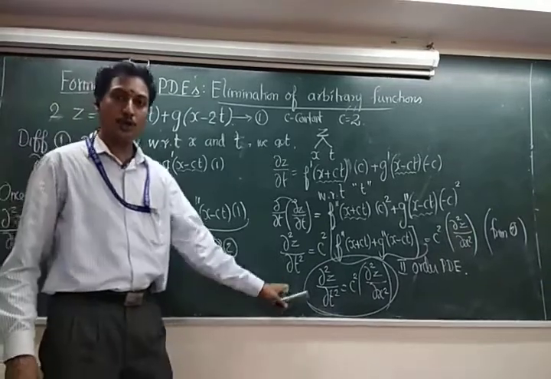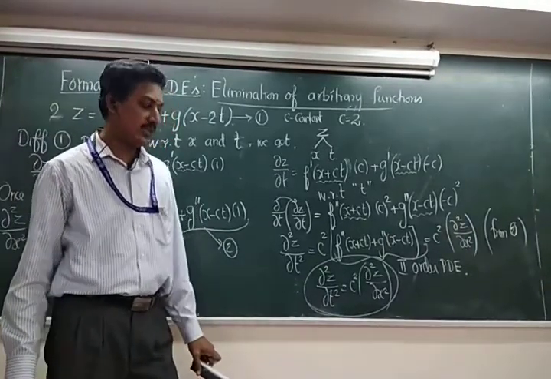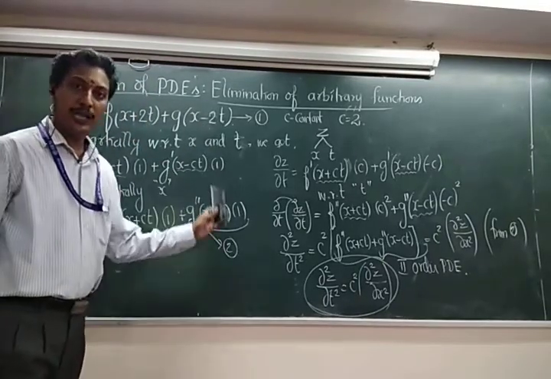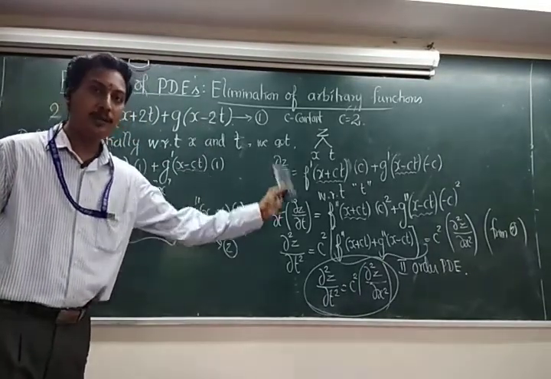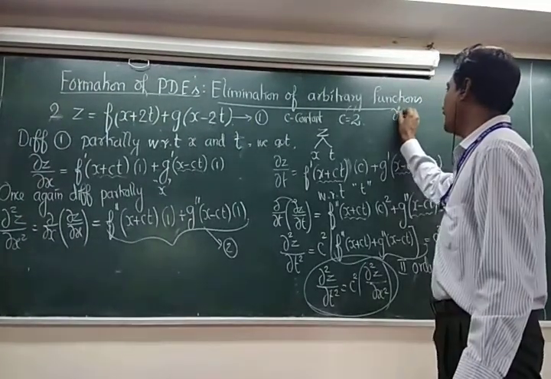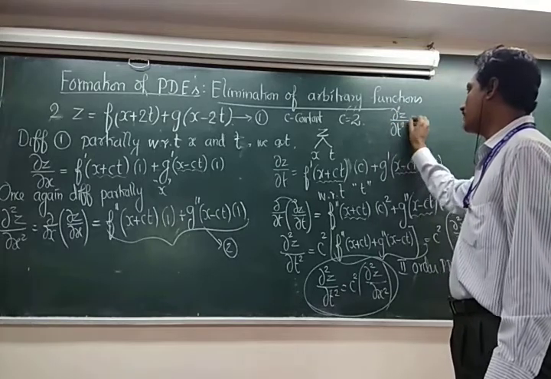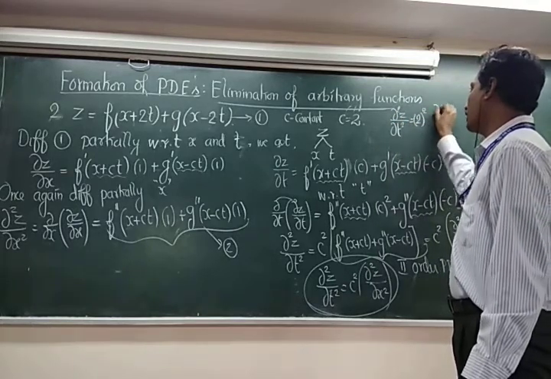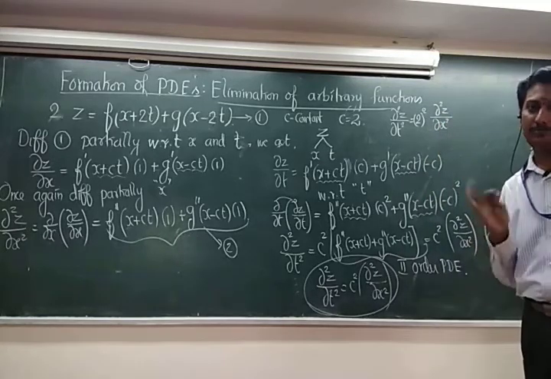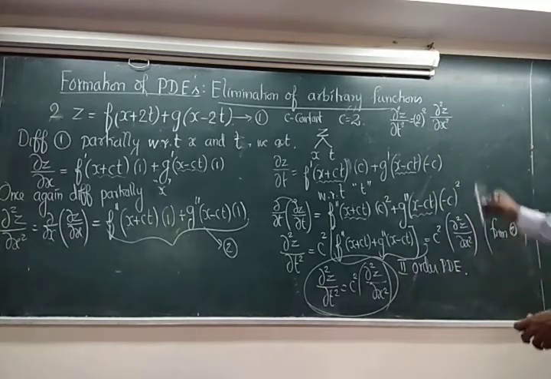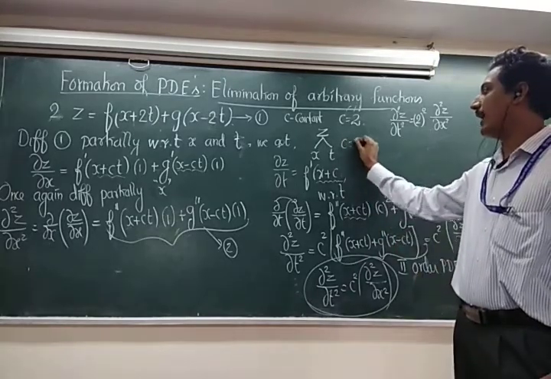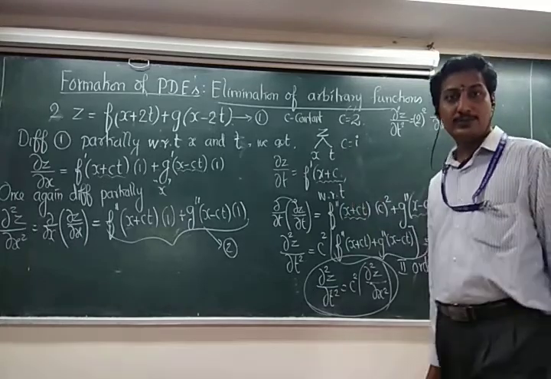The answer is ∂²z/∂t² equal to c² into ∂²z/∂x². Now in the place of c it is 2, so again we can proceed in the same manner. Finally replace c by 2. So what is the answer for this? The PDE ∂²z/∂t² is equal to 2² into ∂²z/∂x². What is 2 squared? 4. That's it.